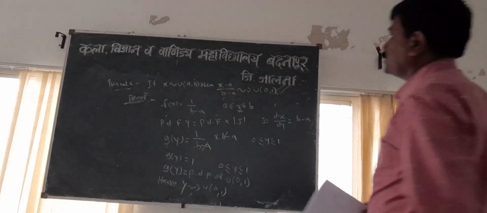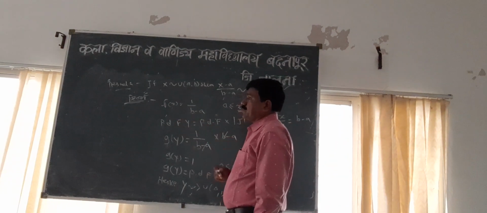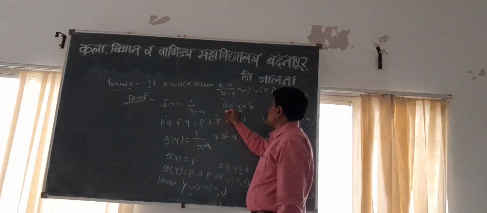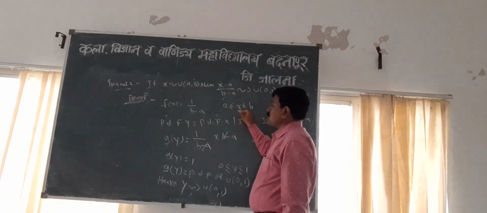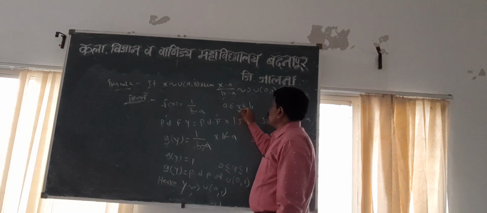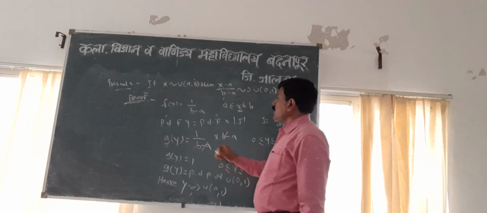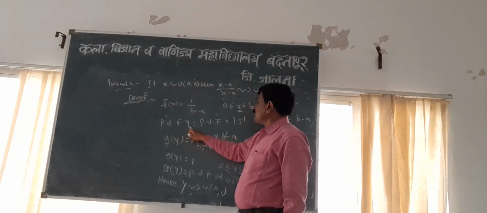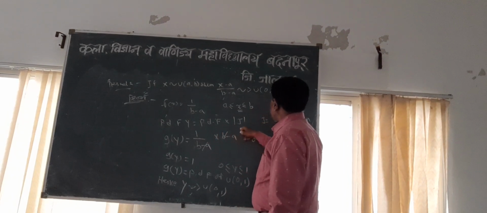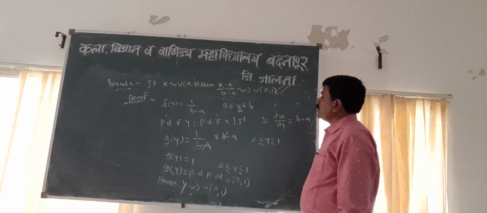Here we have given the constant function of the uniform distribution, f of x equal to 1 by (b minus a), for a less than or equal to x less than or equal to b. Then the probability density function of y is the PDF of x into mod of J, where J equals dx divided by dy equal to b minus a.